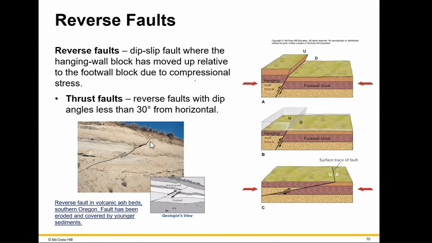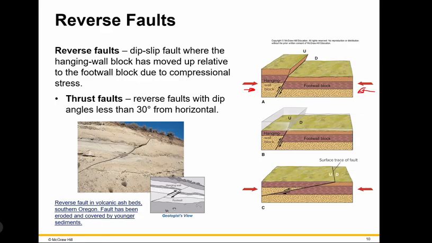Now, let's think about reverse faults. A reverse fault will form in a compressive regime, not an extensional regime. So you see the arrows pushing against the rocks. Now, who can tell me the difference between a reverse fault and a normal fault?